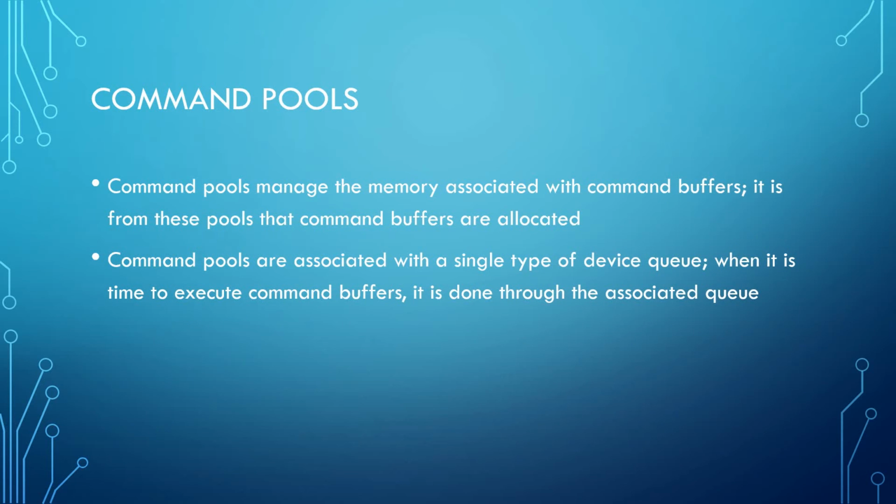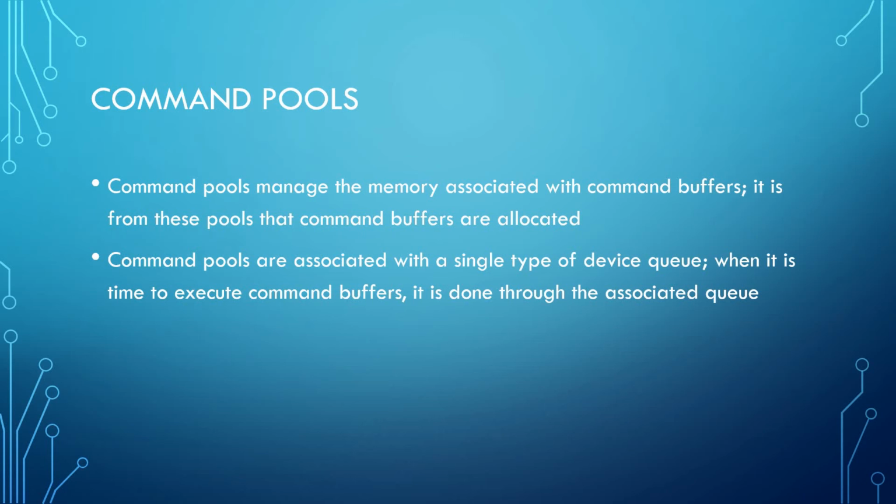And command pools just manage the memory associated with command buffers. So every time we create a new command buffer, we're going to specify a command pool that we're getting that memory from. And a command pool is associated with just one type of device queue. So you can only create command buffers related to that type.